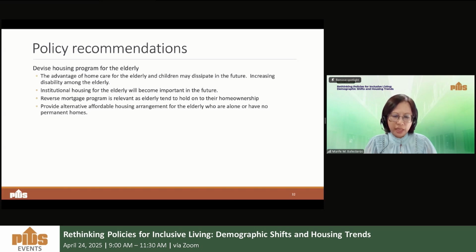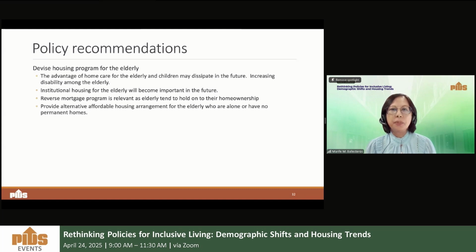Development of institutional care homes in the future. But of course, we know that, as you have seen, the ownership is mostly with the elderly cohort. What we could do perhaps is to explore a reverse mortgage program to support or finance institutional care for the elderly.